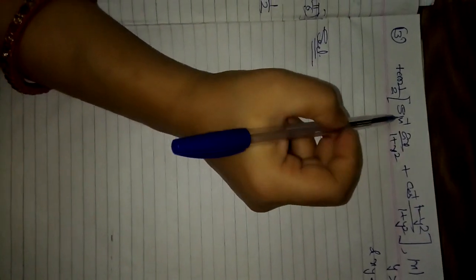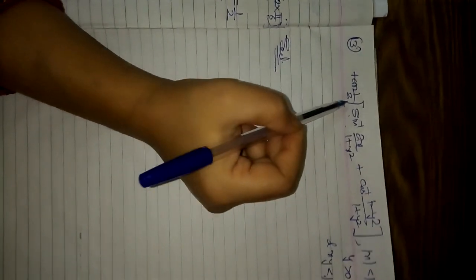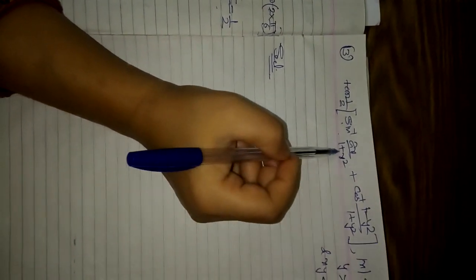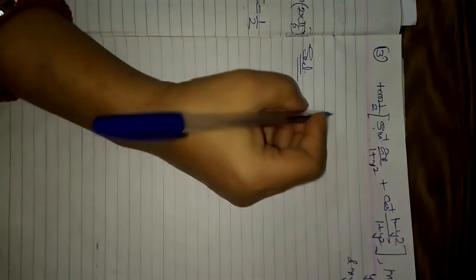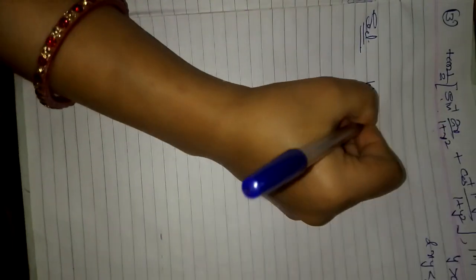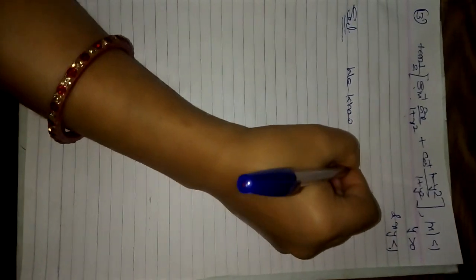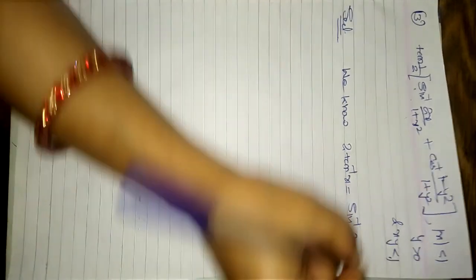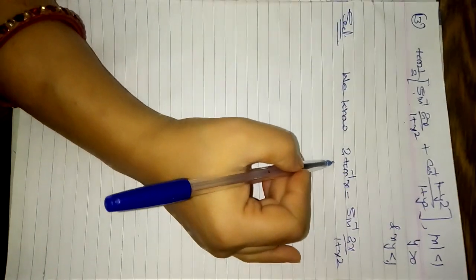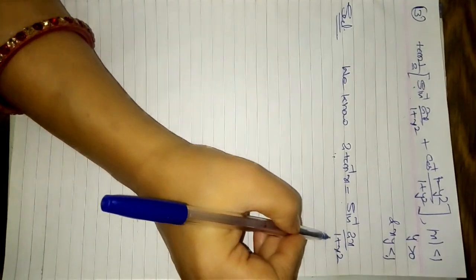Now here, sine inverse 2x upon 1 plus x square, we will convert into tan inverse. So we will use the standard identities here. We know 2 tan inverse x is equal to sine inverse 2x upon 1 plus x square.